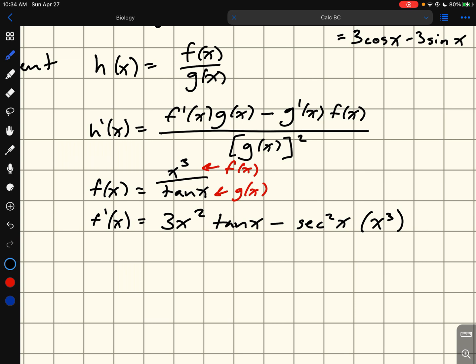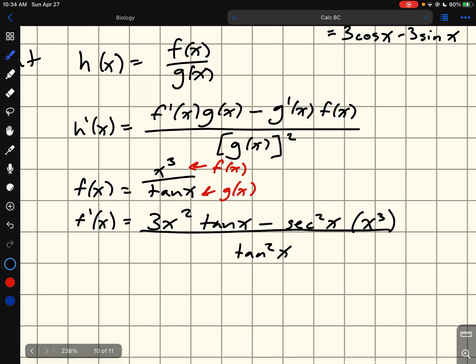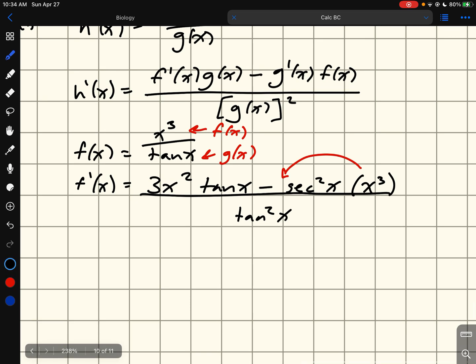Remember, the derivative of tangent is secant squared, okay? This is a trig derivative that you should memorize. And everything over g squared, so tangent squared. And that's your derivative. Although I would probably move this one into the front just so you don't confuse it as part of the argument here.